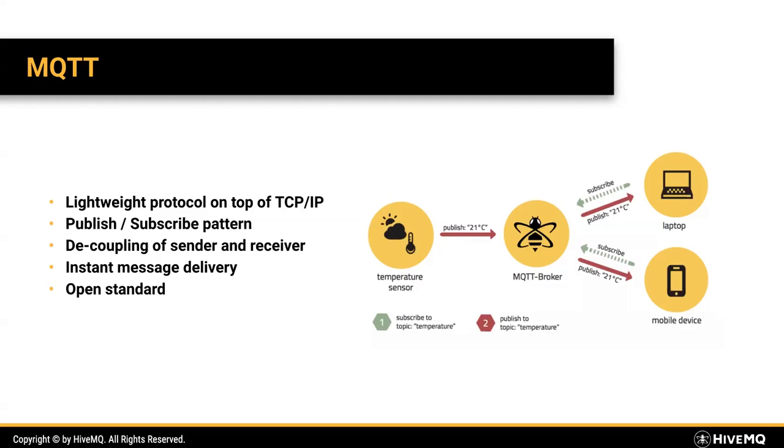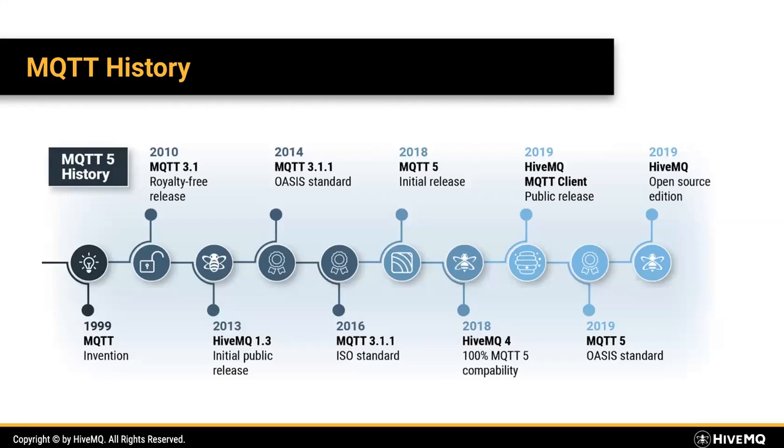I'm just going to show you some of the history of the protocol. The latest version is actually quite fresh. It's from 2019, just from last year. But the protocol was invented quite a long time ago. It was invented in 1999 and took some time to become royalty free, up until 2010.